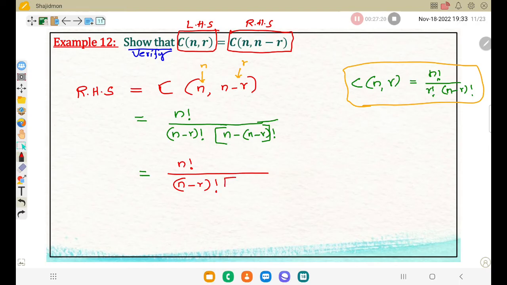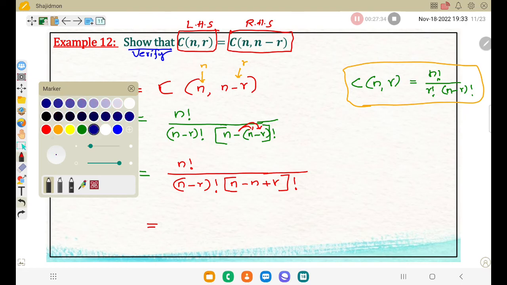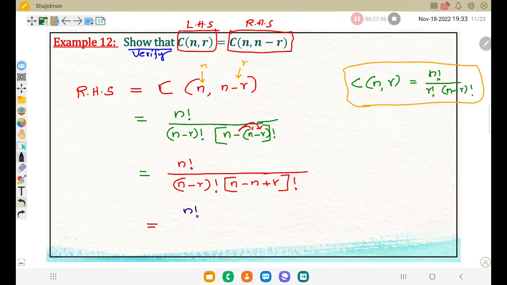Here expand the bracket in the second one, n minus, distribute to the bracket, n minus multiply minus r plus r factorial, correct? So what we will get actually? Equals n factorial divided by n minus r factorial, that is same. Here n and n will cancel. So what will be balance? R factorial, correct? Balance is r factorial.